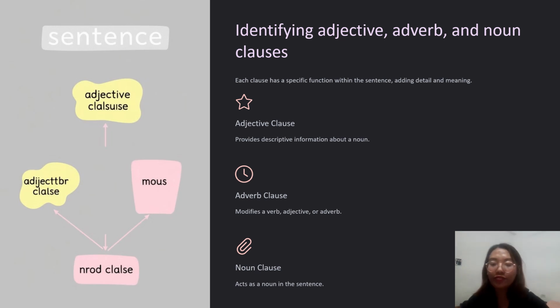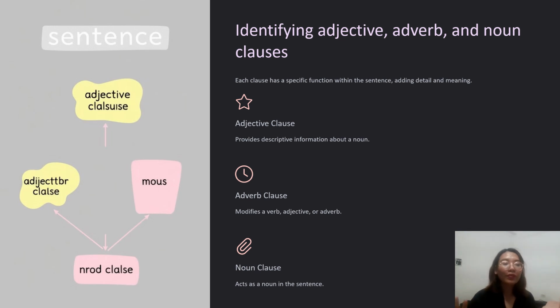The first one is adjective clauses. An adjective clause describes a noun or pronoun in the sentence. It gives us more information about the term, like which one or what kind.